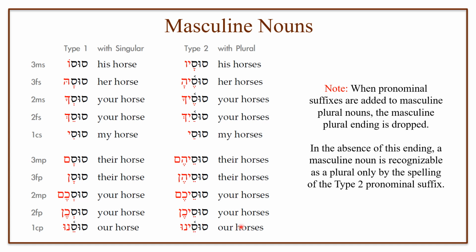Now you will see that the sus, which as a plural you would normally think is susim, but note that the im ending drops when you add a pronominal suffix. So you have to take off that im ending, and that means the only way you know that this sus is plural is because it's a type 2 ending, and that's true for all masculine nouns.